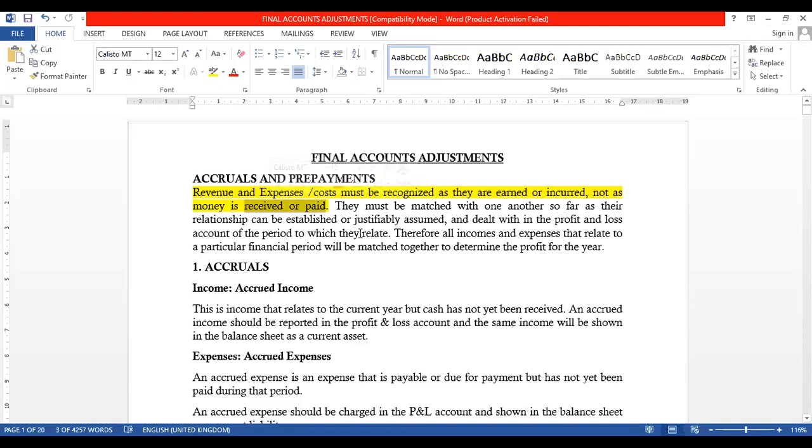Because we want to match them with the year in which they help us generate revenues, so that we know what amount of profit or loss we incurred in that particular year. Is that concept clear?